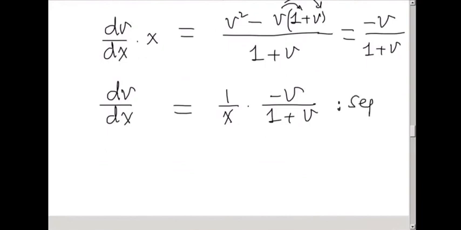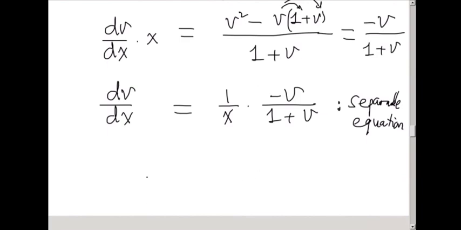This is separable. And this is always the case whenever we have a homogeneous equation and we introduce the new unknown v being y over x. The new equation will be a separable equation, and we can solve by the method of separable equations.